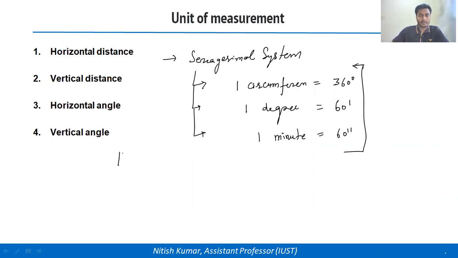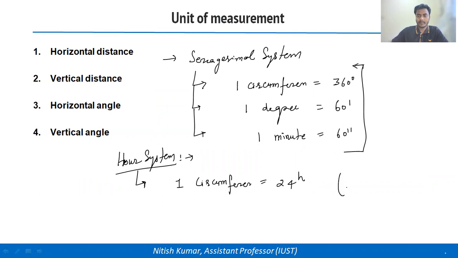There is another system, the hour system. Generally, we use these 2 systems. According to the hour system, one circumference is equal to 24 hours. This is the unit of time.